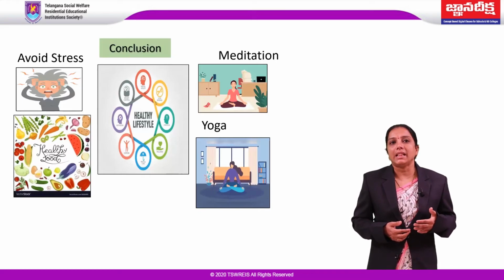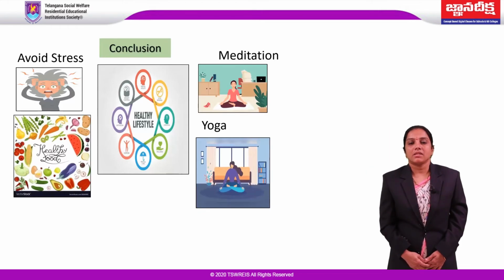We should maintain healthy diet, performing regular exercise, yoga and meditation to boost up the immune system, and immunity has to be improved to stay safe and lead a healthy life.